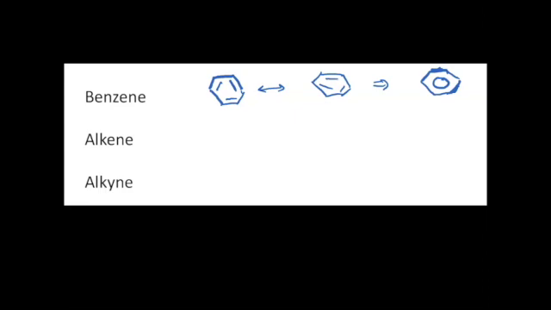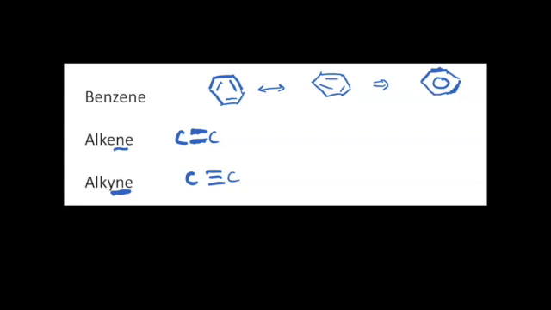The alkene group, the ENE ending, is a carbon with a double bond. This is also going to be important for structures where the double bond can be the site of a chemical reaction. The alkyne group, the YNE ending, means that this is a triple bond.